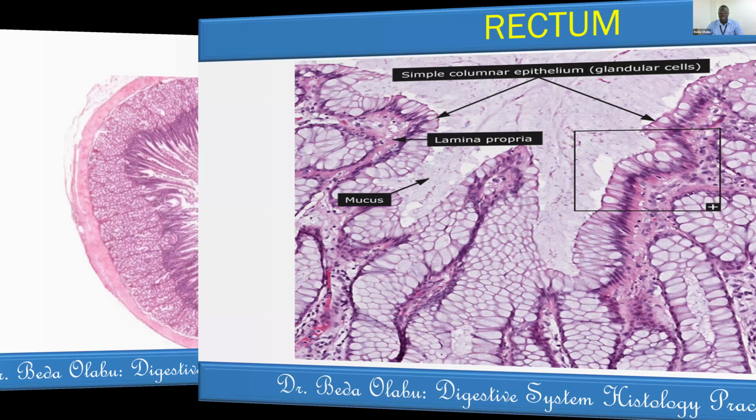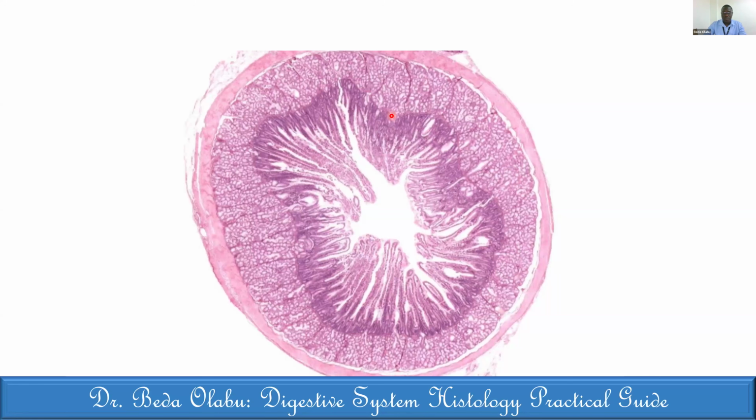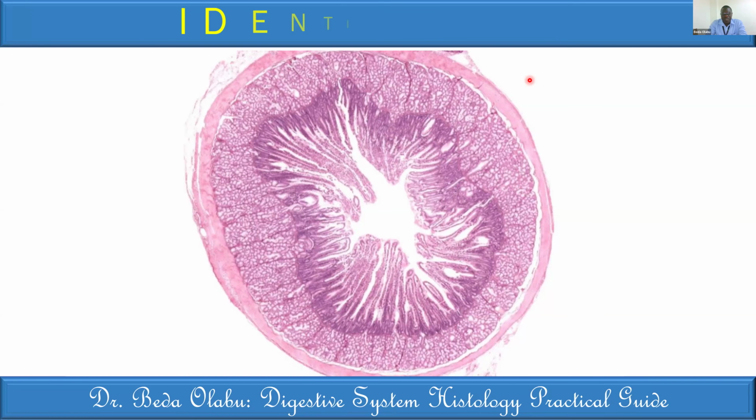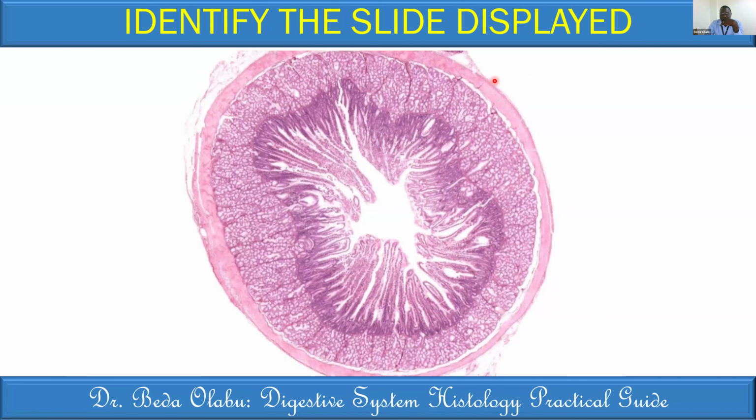Great. Now I want us to finish the story by identifying some slides. So I'll show you one slide. You tell me which part of the GIT that could be. Let's start with this one. Just tell us, what do you think and why?